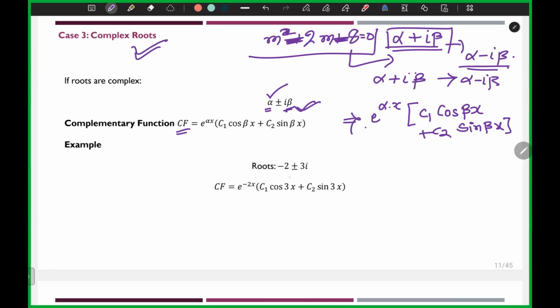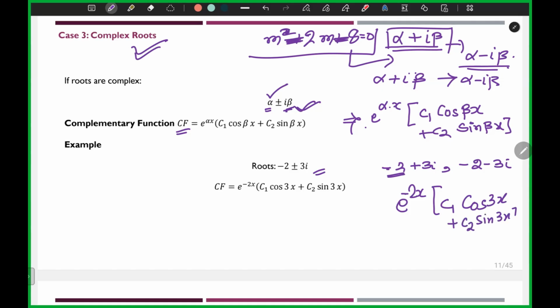Now for an example, we have roots minus 2 plus minus 3i, that is one root is minus 2 plus 3i and another root is minus 2 minus 3i. So simply the real part gives e to the power minus 2x, and the remaining part is c1 cos 3x and c2 sin 3x.